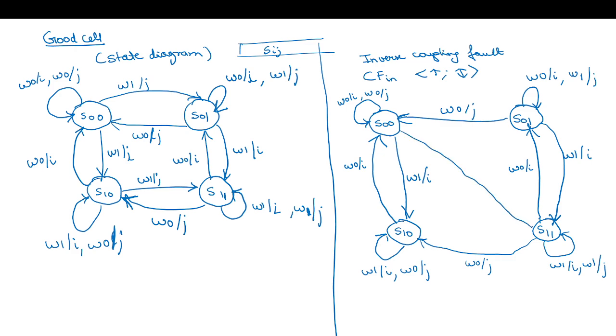It will go to 11 when we write a 1 to J. And similarly, the content of the cell will be reversed when we write the 1 to J. I hope this is clear.